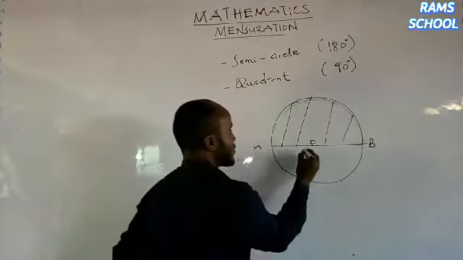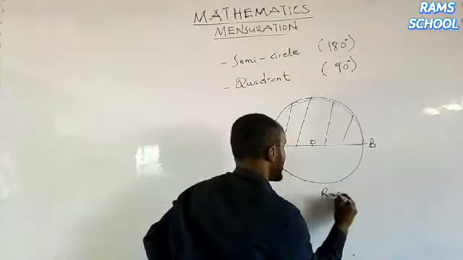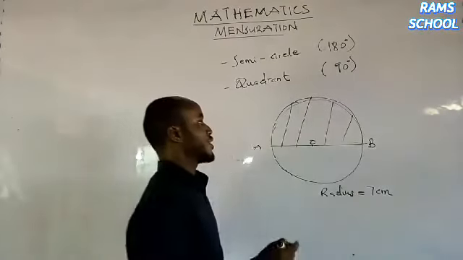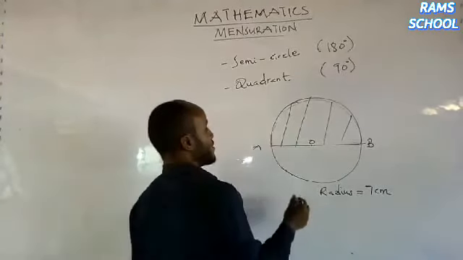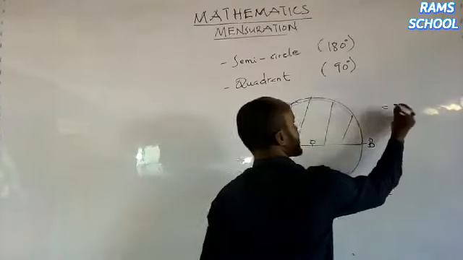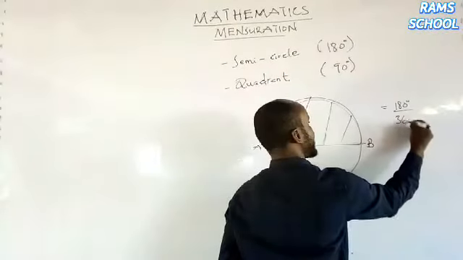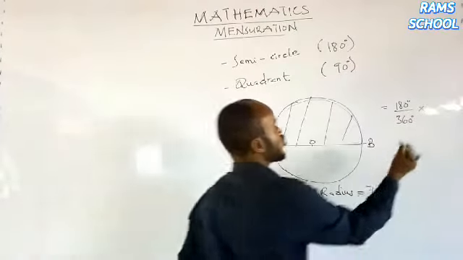So assuming you are given the radius, let me give you the radius. The radius of this circle is 7 centimeters. So to find the circumference or the length of the arc, you get 180 degrees out of 360 degrees times your 2 pi r.